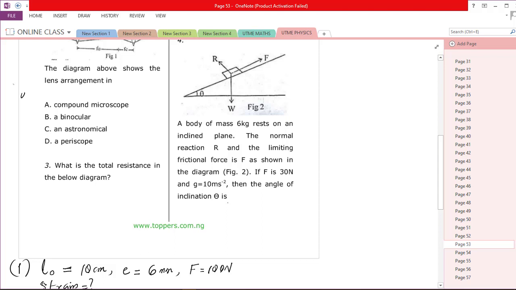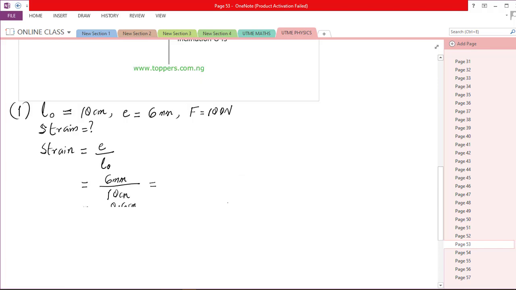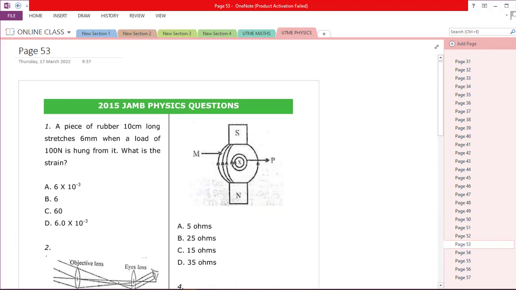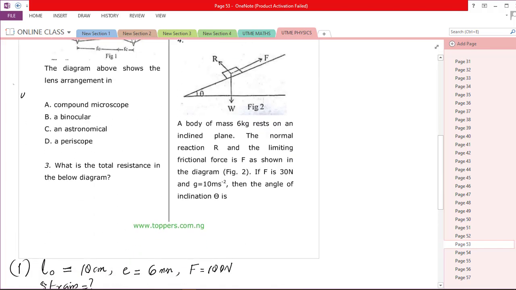Now let's go to the next level. Question number 4 says that a body of mass 6 kg rests on an inclined plane. The normal reaction R is given to us there. The limiting frictional force F is there. If F is 30 Newton and G is 10 meters per second squared, what is the angle of inclination?